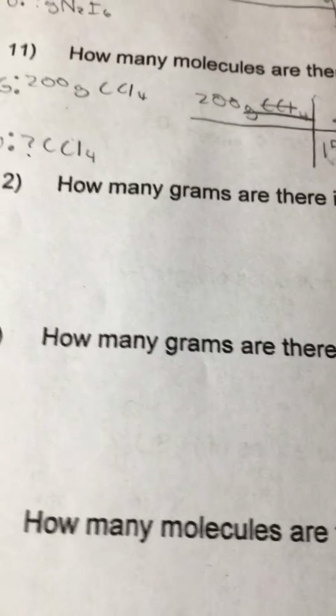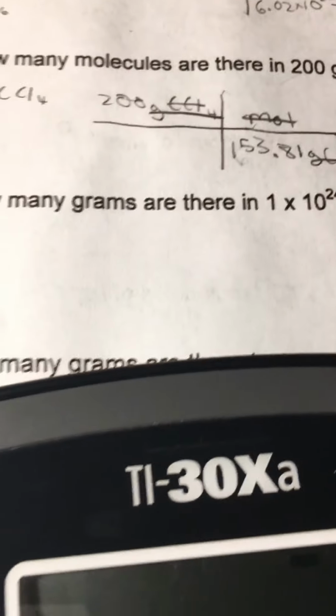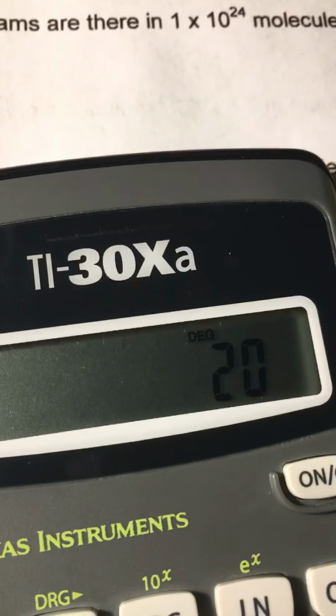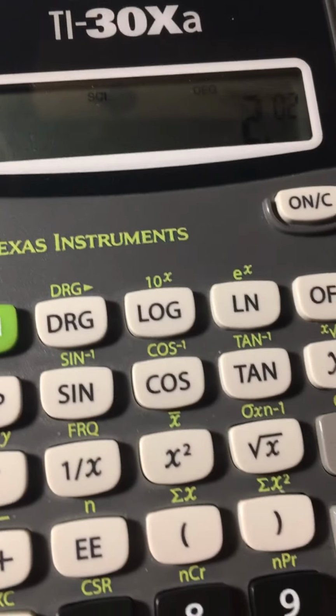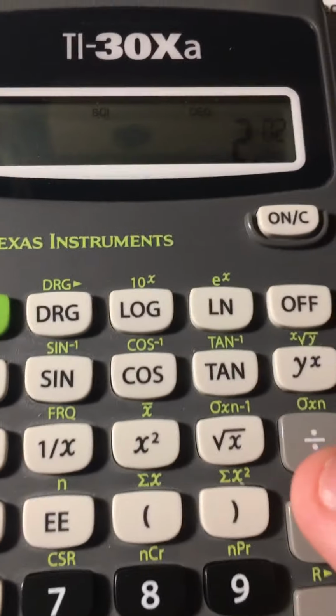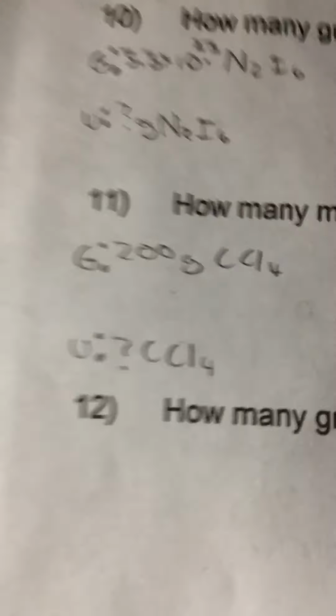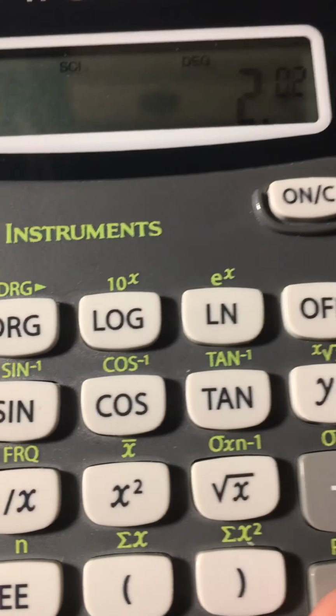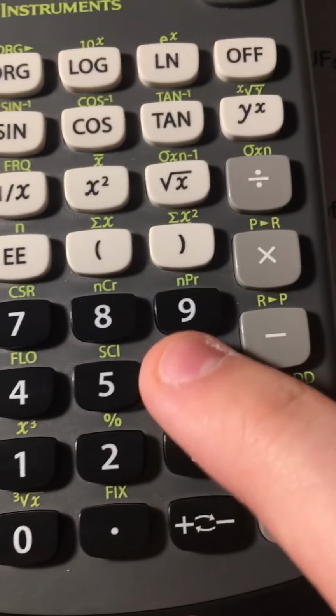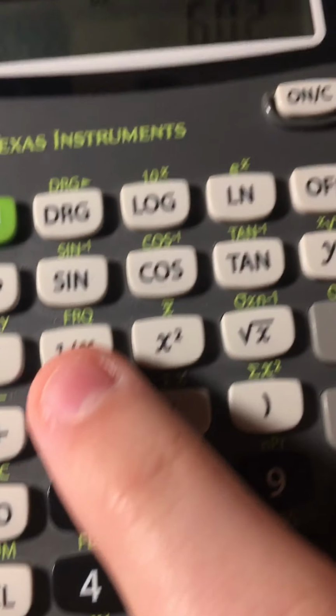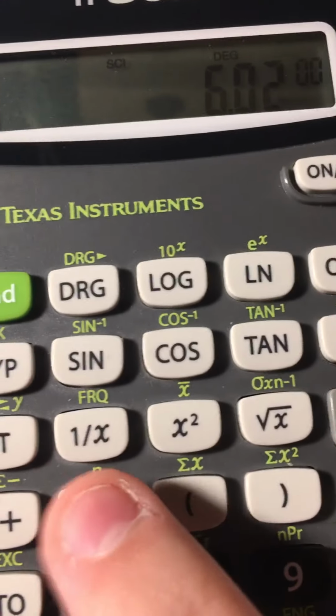Now we have 200 grams, as you can see, 200 grams of carbon tetrachloride. So we're going to plug that into our, well, first, let's go to scientific notation. We're going to multiply this by Avogadro's number, so 6.02, and then you want to click the EE button right here, okay?